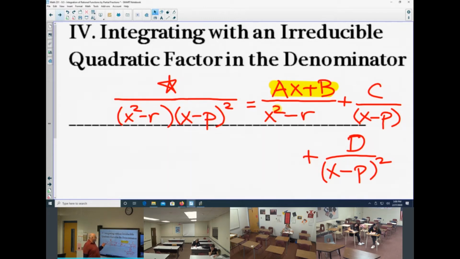But the quadratic factors, x squared minus r, it's actually ax plus b. So we're having two variables in that one term. So ax plus b because of the x squared here, and then each linear factor has one letter, c over x minus p, d over x minus p squared, and so on.